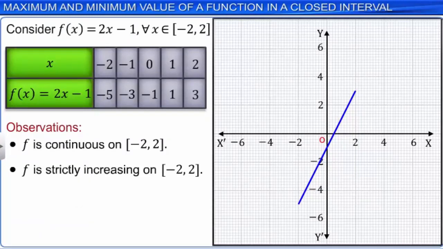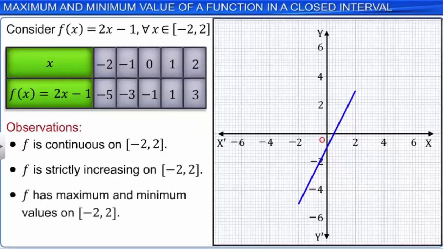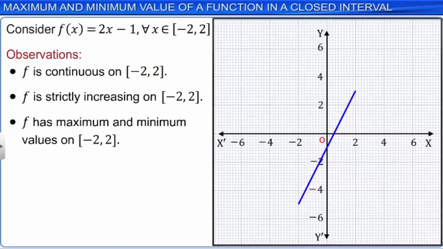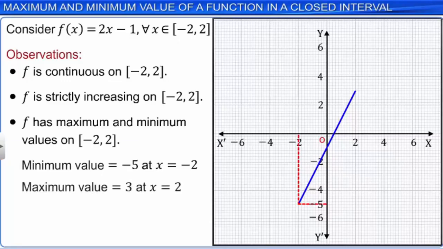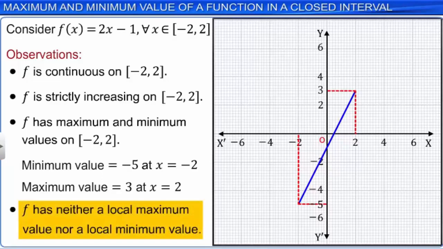However, it certainly does have a maximum and a minimum value. The minimum value of the function f is minus 5, and it is attained at x is equal to minus 2. And the maximum value of f is 3, which is attained at x is equal to 2. However, function f still doesn't have local maximum and minimum values, as there are still no turning points in the curve.